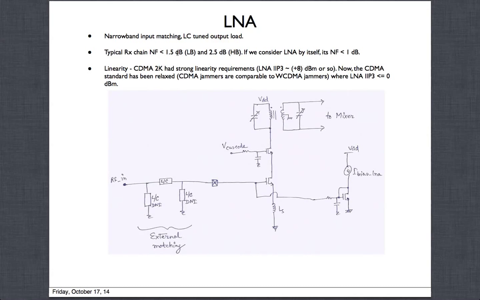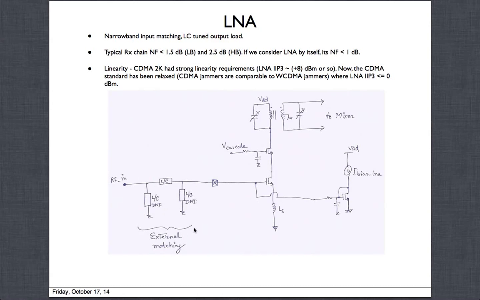One of the benefits we get from narrowband input matching, right? This is only matching at a narrow band of frequencies. When you do that, the matching circuit actually, if you look at my other lectures on YouTube, or you look at the literature, you will see the matching circuit actually provides gain. So narrowband matching is a free advantage: not only have you done the matching, you actually provide gain in the circuitry.